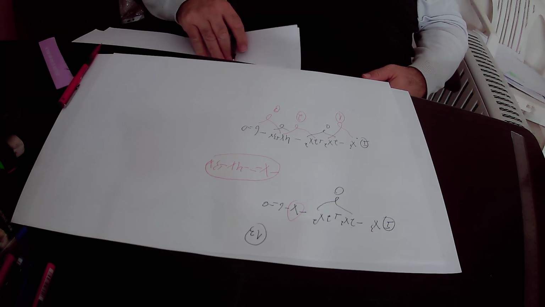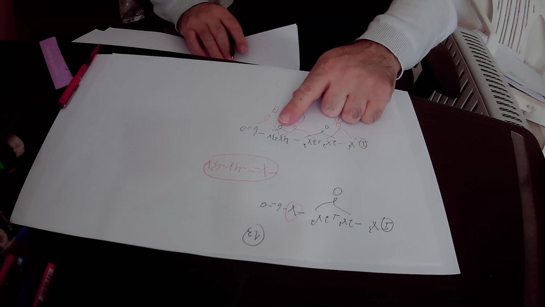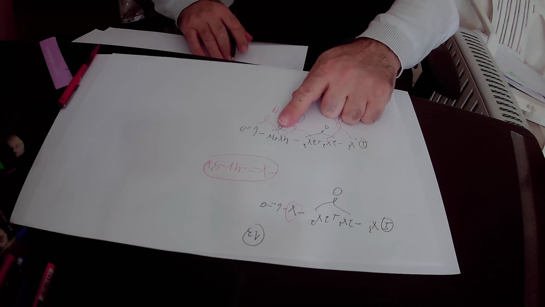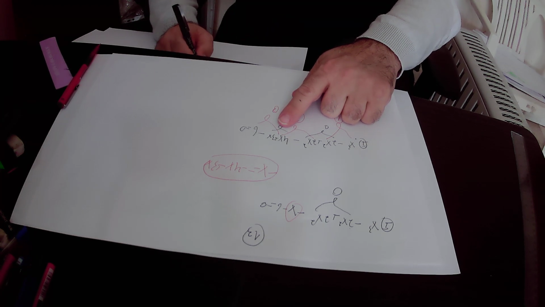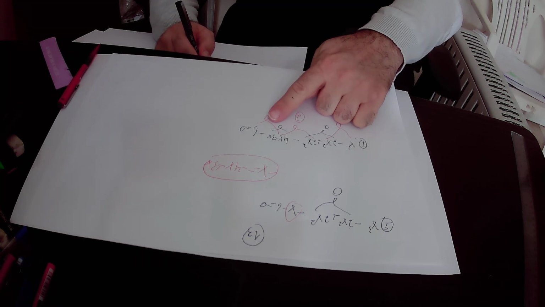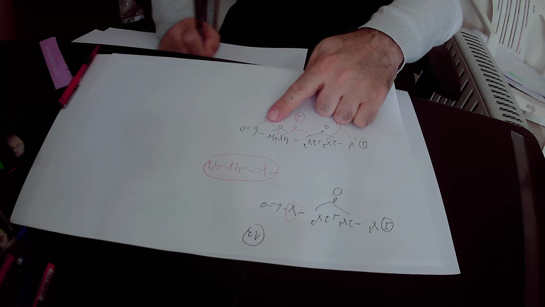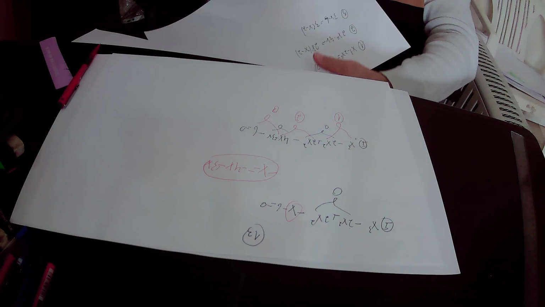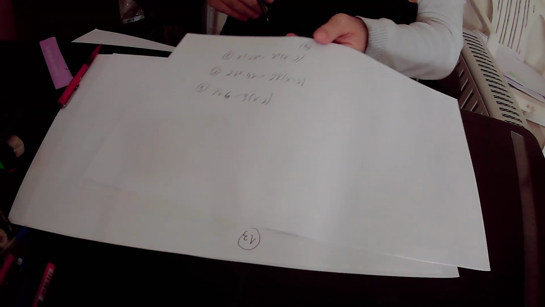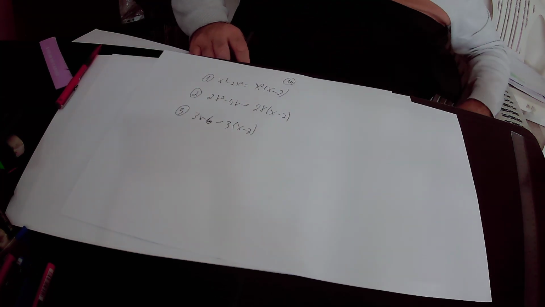So what is left from 3x after we took 3 as a common factor? What is left? It is actually x. And what is left from minus 6 after we took a common factor of 3? What is left? It is actually minus 2. So we got to these expressions.